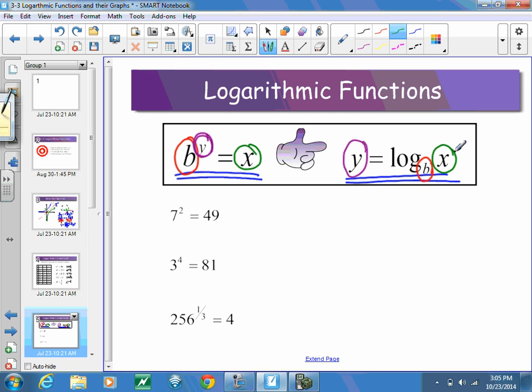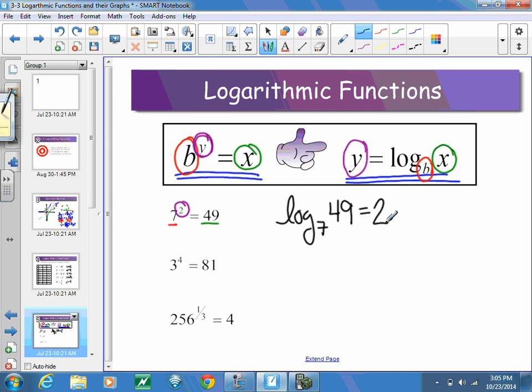So to show you how to go from exponential form to logarithmic form, I have 7 to the power of 2 equals 49. Well, the base is going to be 7. The exponent here is 2. And then it's equal to 49. So what this is going to look like is we're going to take the log of base 7 of 49 equals 2.